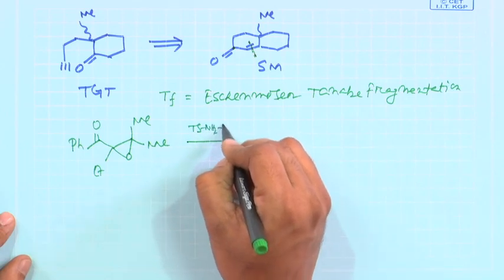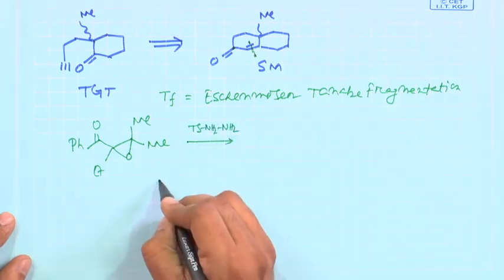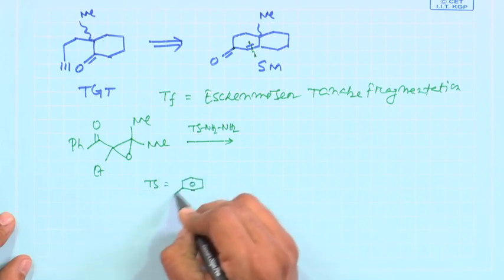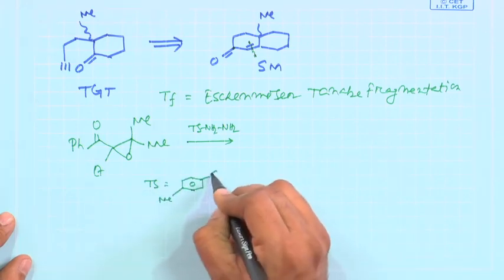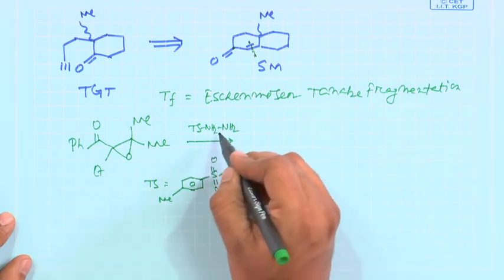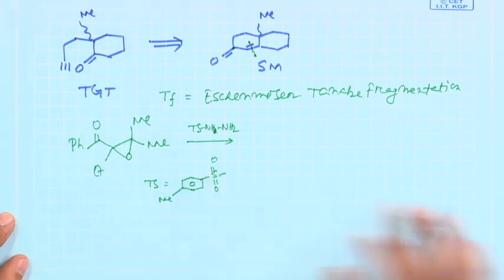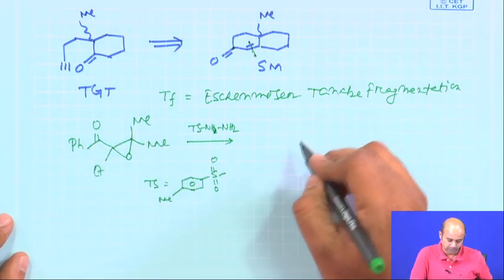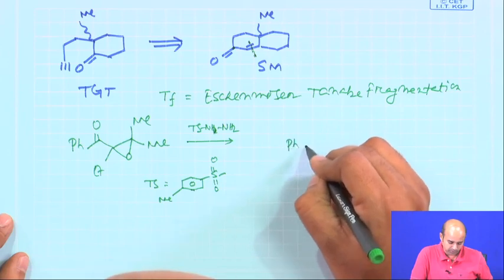What is tosyl hydrazine? This one, tosyl group, as all of us know, is a para-methyl SO2 group, and this is NH2. So, initially this carbonyl group reacts with this to give you a hydrazone.